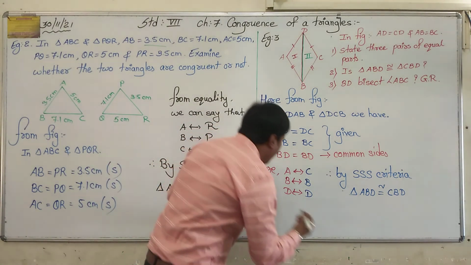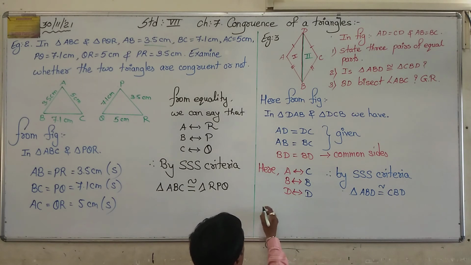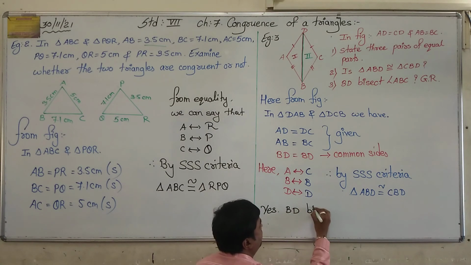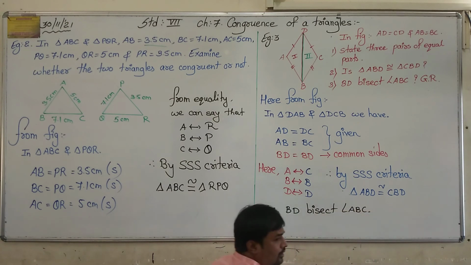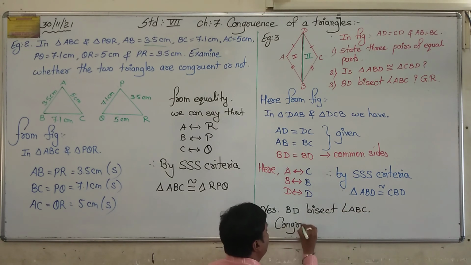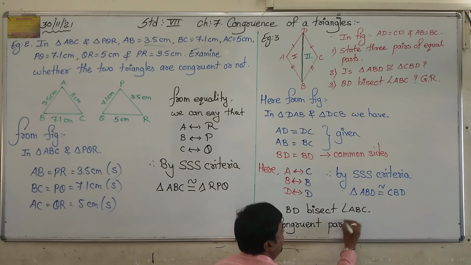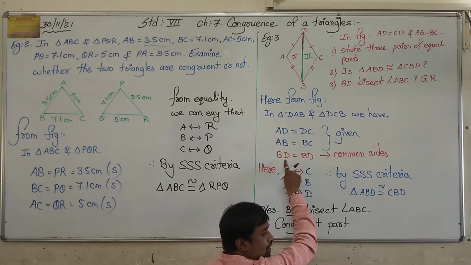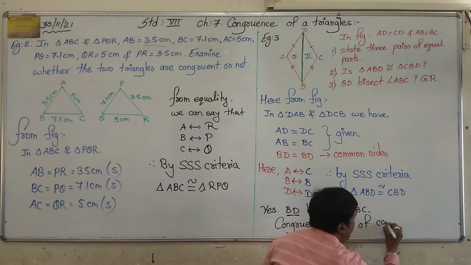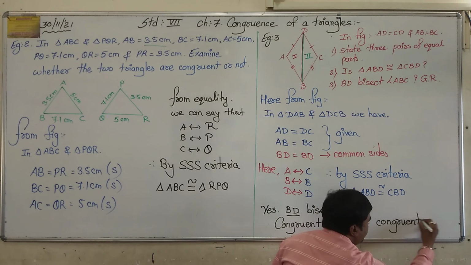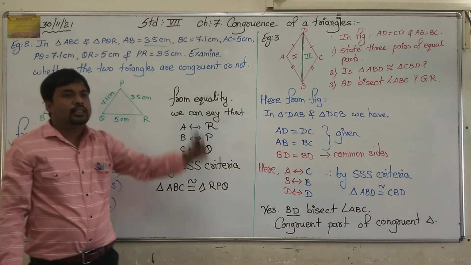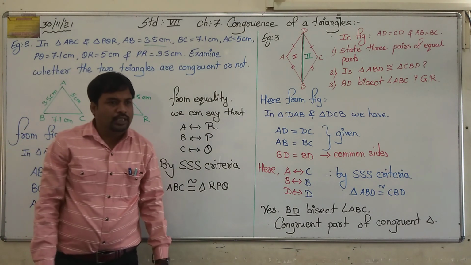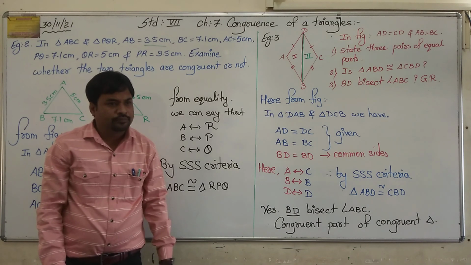So the third answer will be yes. BD bisects angle ABC. What is the reason? Congruent parts of congruent triangles. It is the congruent part of congruent triangles. That's why it will bisect. Did you understand how to look at it? Yes, write it.